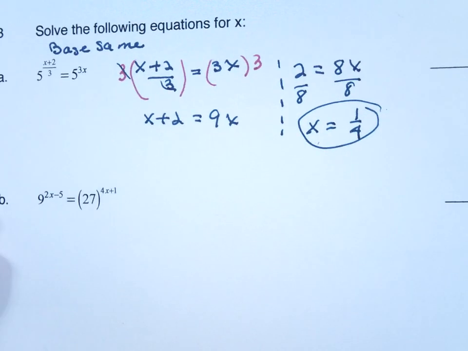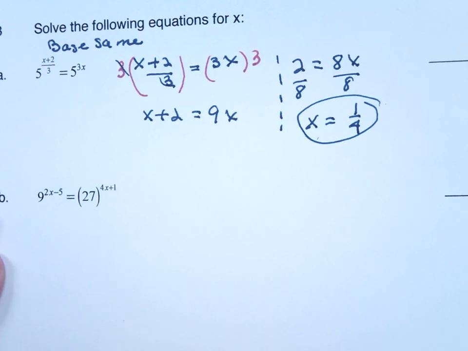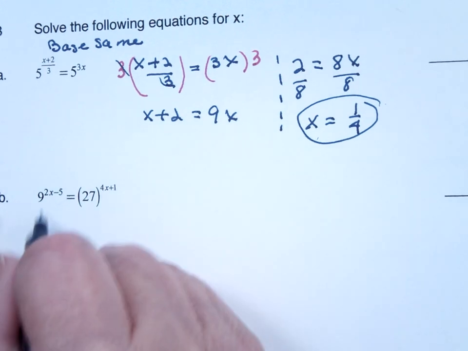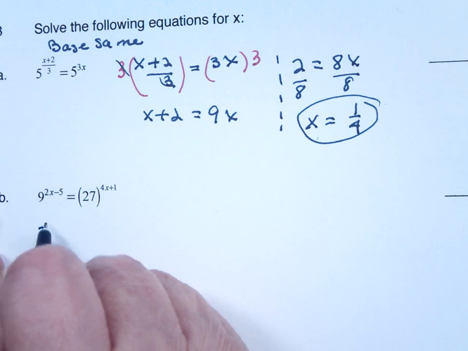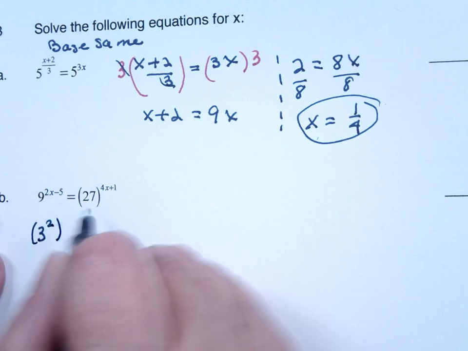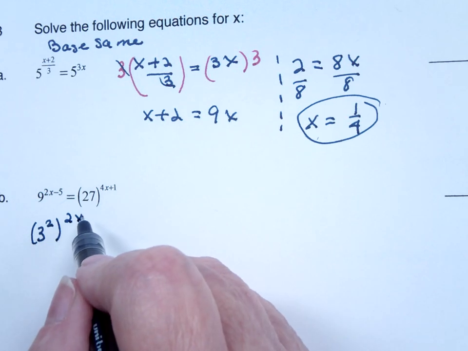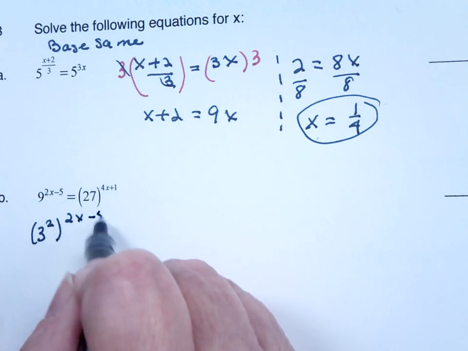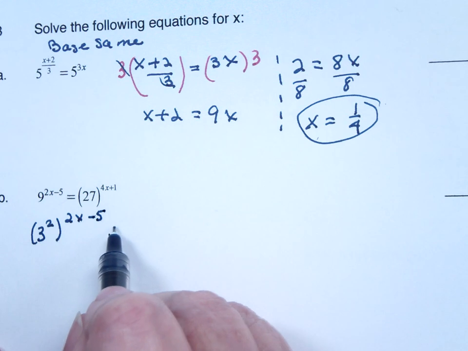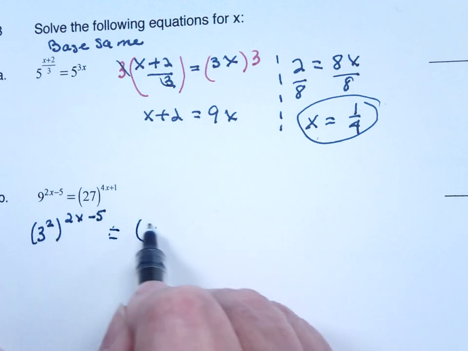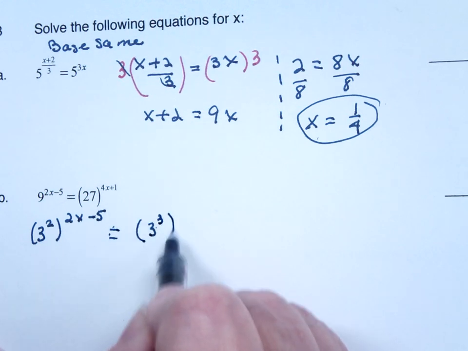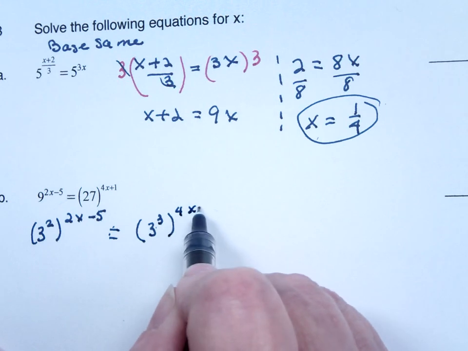Now this is more complex in some ways than what we did yesterday. So 9 can be written as 3 squared, and this is to the 2x minus 5. And 27 can be 3 cubed to the 4x plus 1.